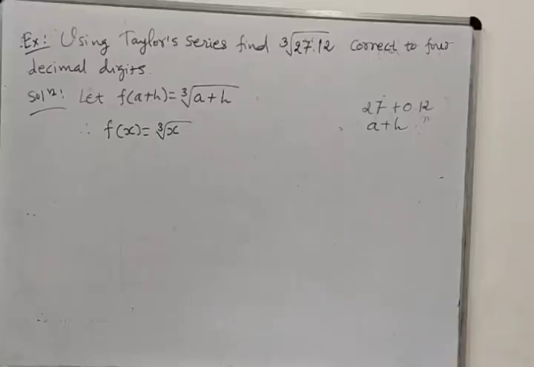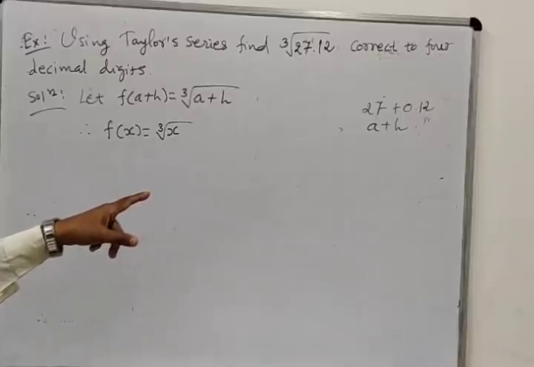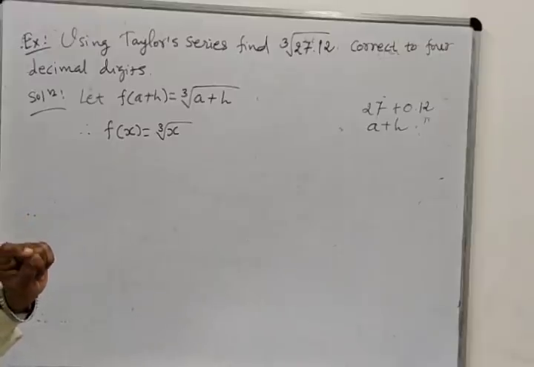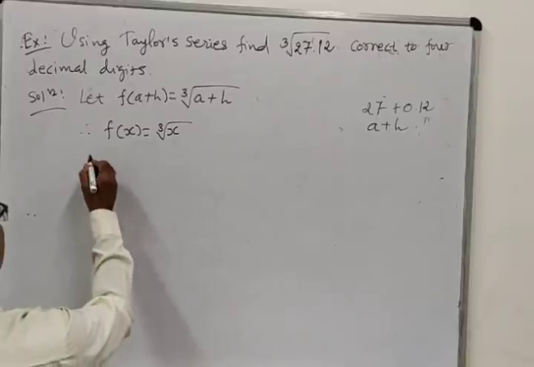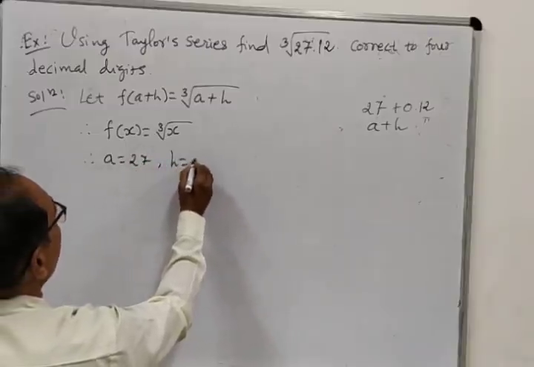Because you know very well that this function is in the form of a plus h, and a is 27, and h is some small variation in the number a. So we will assume here a equal to 27 and h equal to 0.12.